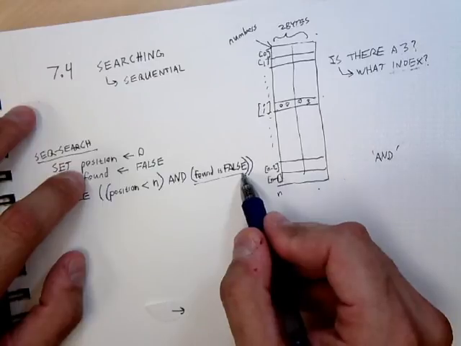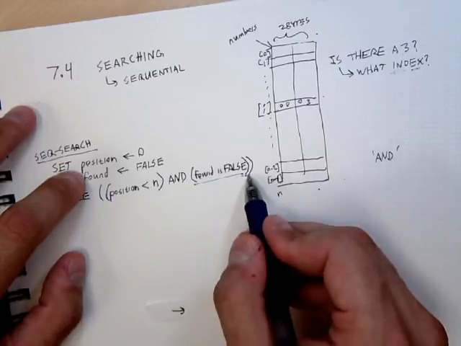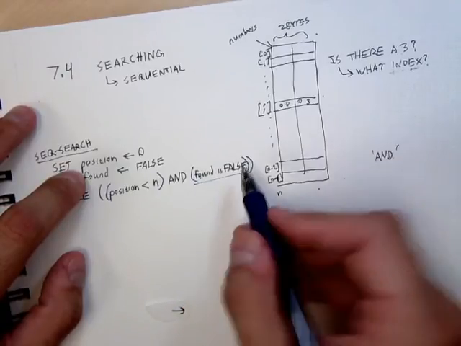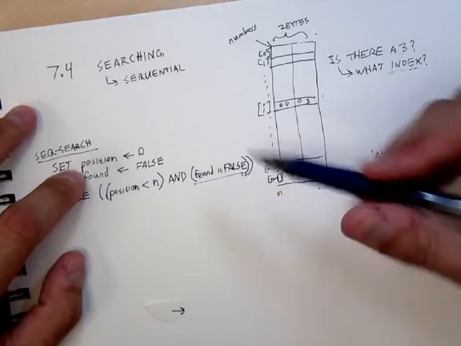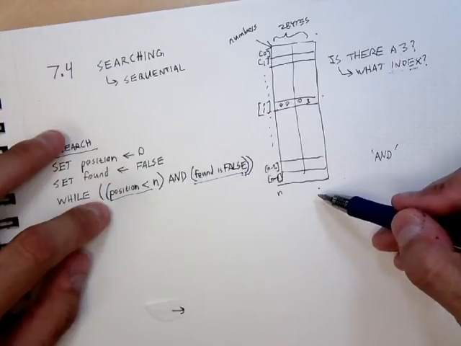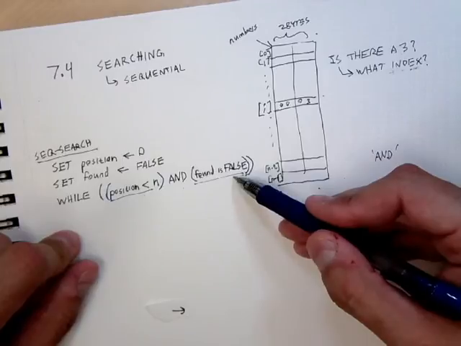Right? So this has the opposite truth value of found. If found is true, this is false. So this basically means you haven't found it. And this means you haven't gone past the end. So while we haven't gone past the end, and also we haven't found it, we're going to keep doing some stuff.